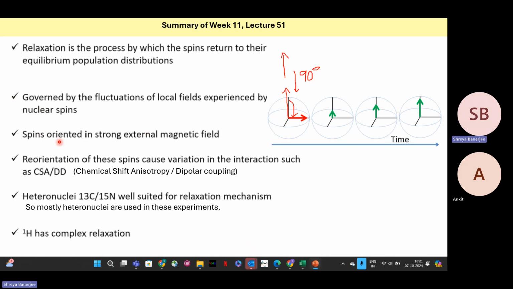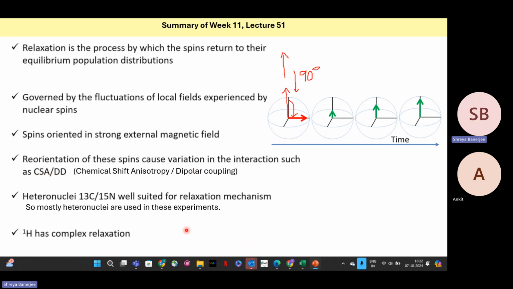So we saw that the spin is oriented in a particular direction in an external magnetic field, normally the Z direction. Due to application of some pulse or other fluctuation in the local field, the spin is reoriented in the XY plane, and this reorientation can cause variation in different interactions, such as the chemical shift anisotropy CSA or the dipolar coupling DD.